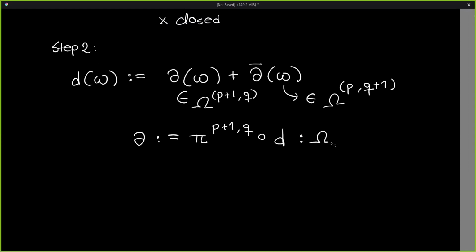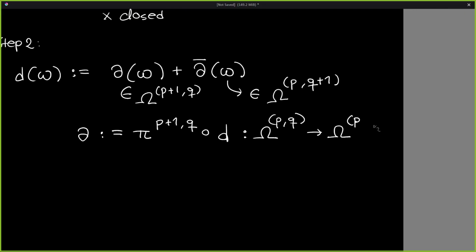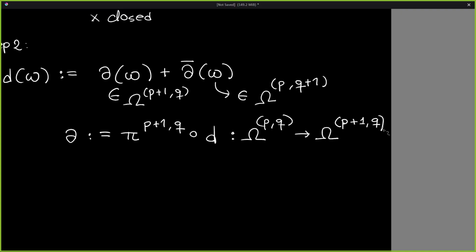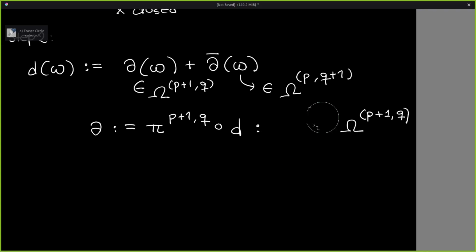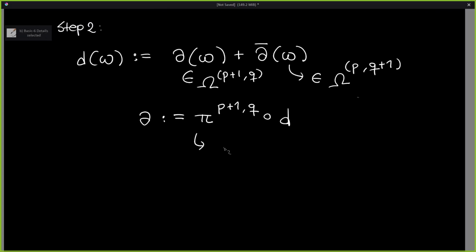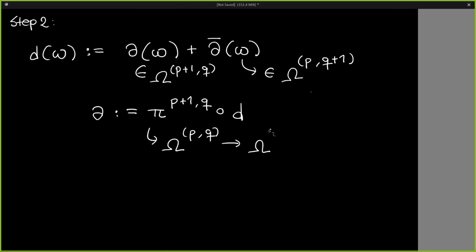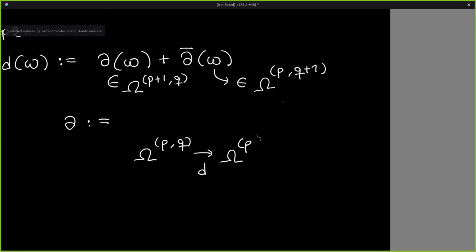So this is an omega PQ going to an omega P plus 1 Q. What am I trying to say here? In fact, let me say it a different way. I'm coming up with this explanation on the fly, so bear with me.